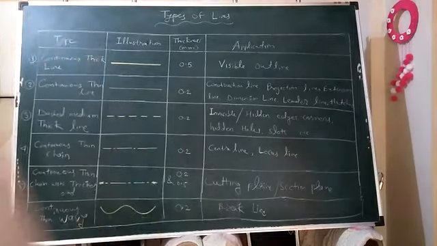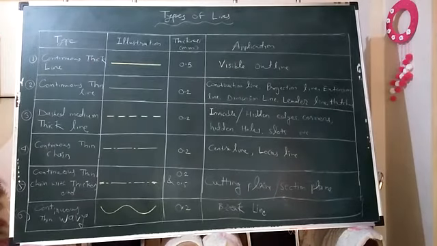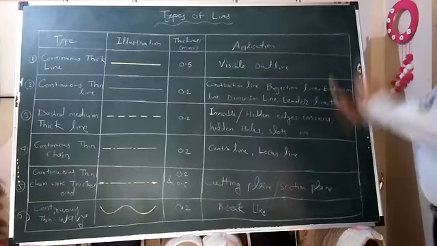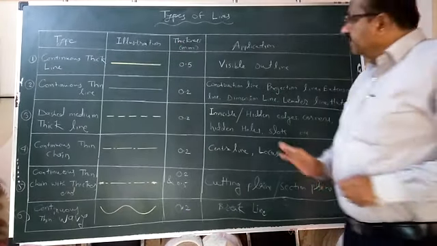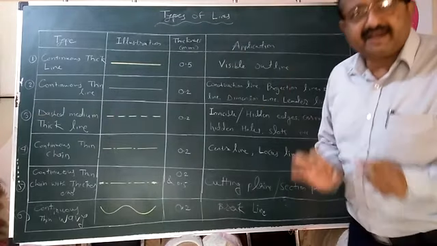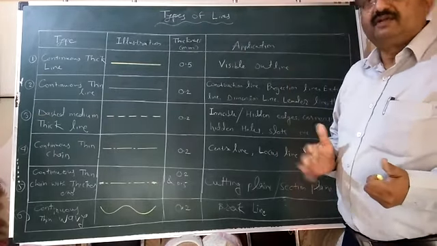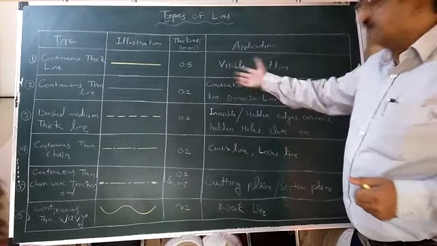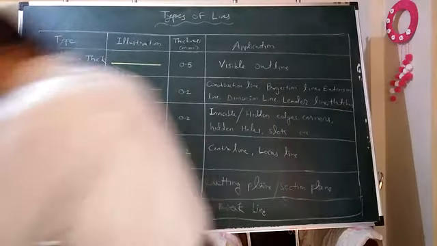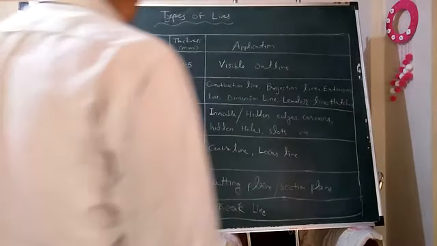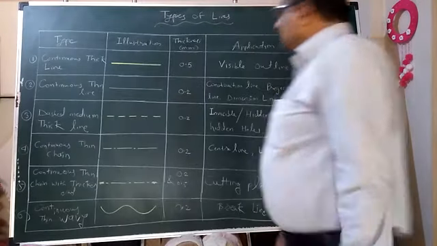Just go on observing the table: type of the line, illustration, thickness, and application. These many lines are enough to fulfill the entire task required in engineering graphics. Okay, yes, nothing is required other than this. Yes, keep that in mind. From continuous thick line to continuous thin wave, 6 different kinds of lines are there.